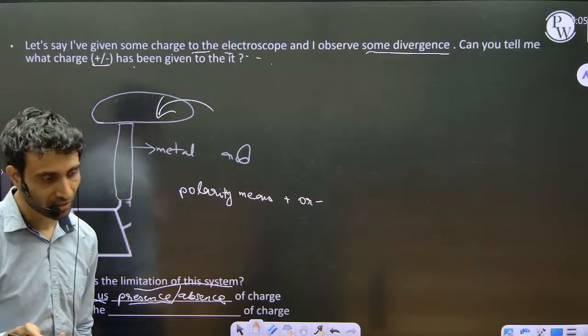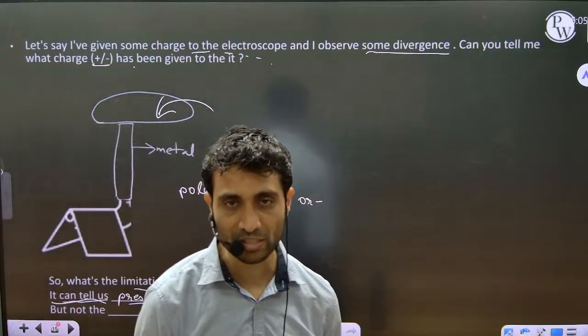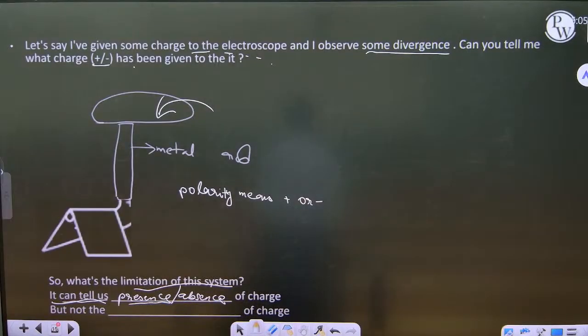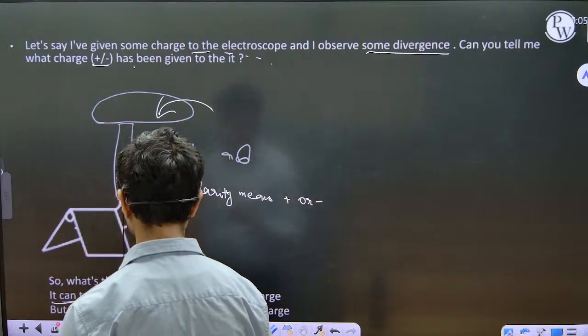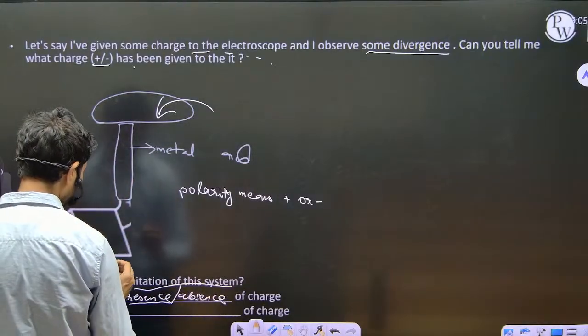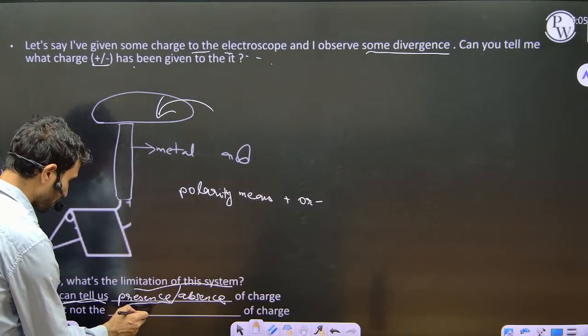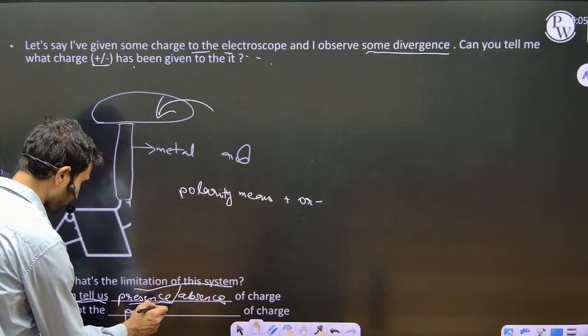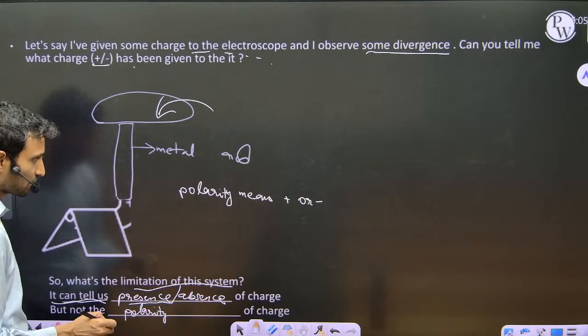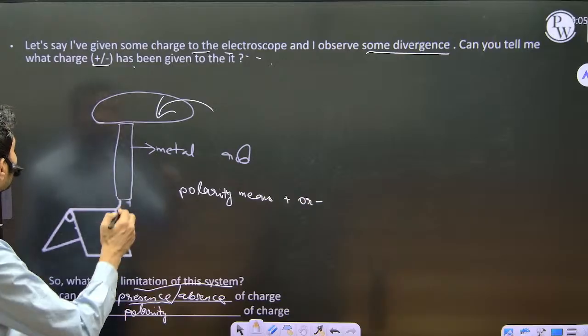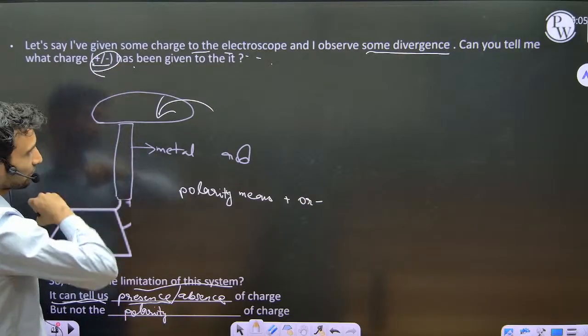But what it cannot tell us, now can you think what it cannot tell us? I told you what it can tell us, but if I ask you what it cannot tell us, can you tell me that? It cannot tell us the polarity of the charge, whether it is plus or minus.